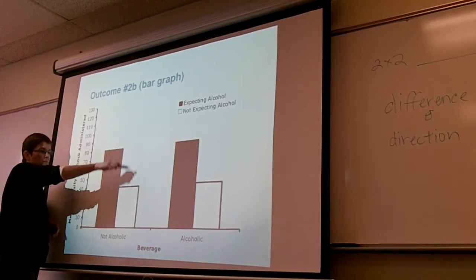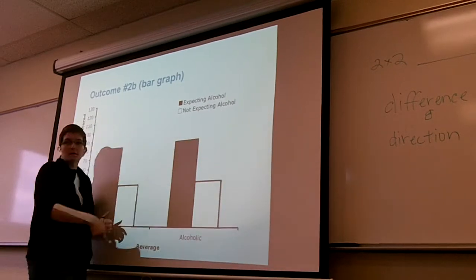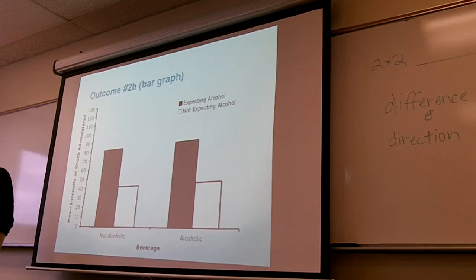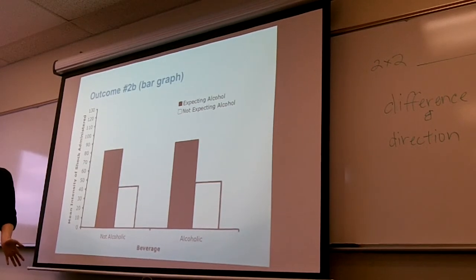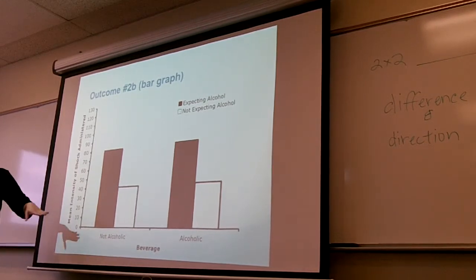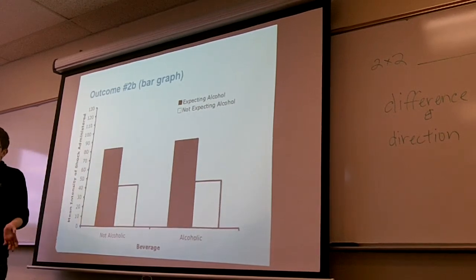If I look at these bars together and compare them to these bars together, do they look the same or different? Same. So since they look the same, we're talking about no main effect of beverage. It didn't matter whether the people got a non-alcoholic beverage or an alcoholic beverage, their behavior was the same.